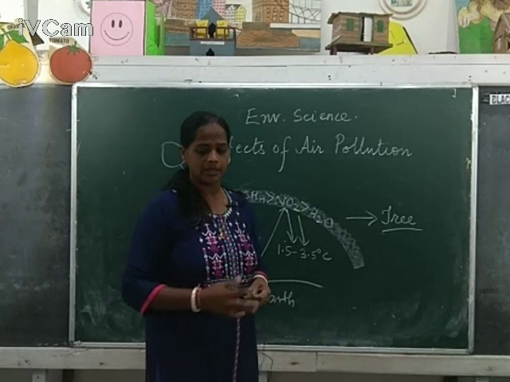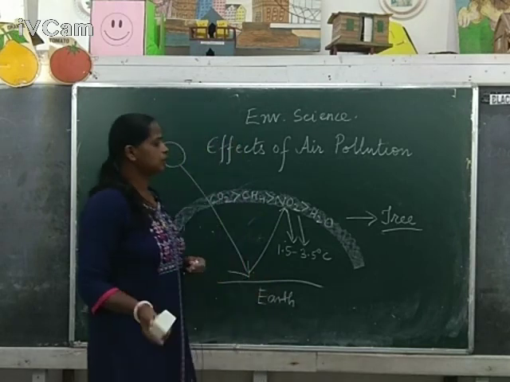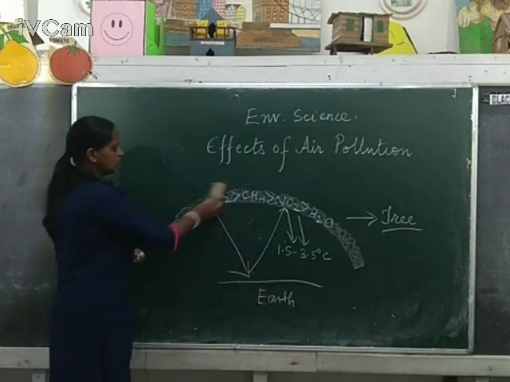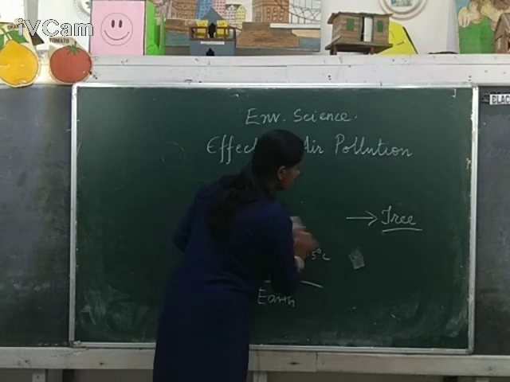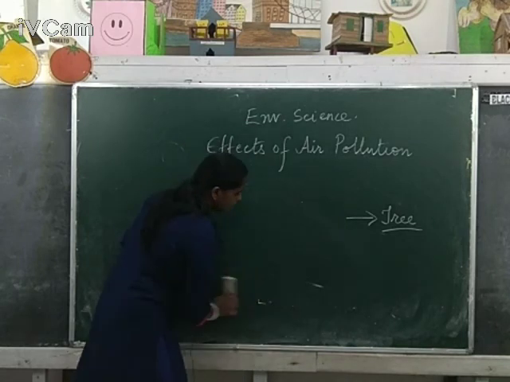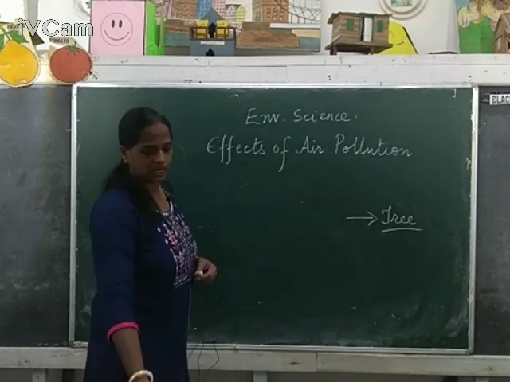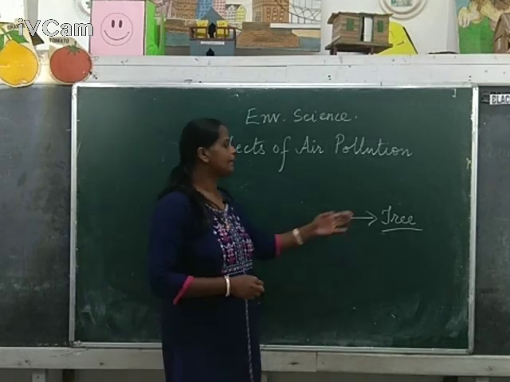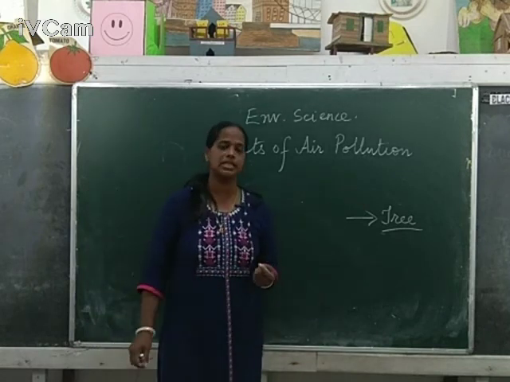So this is one effect of air pollution that the entire world is facing, right? And how do we overcome this problem? This problem can be overcome only and only by increasing the number of trees.